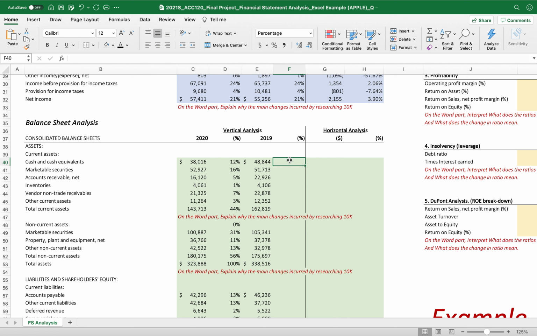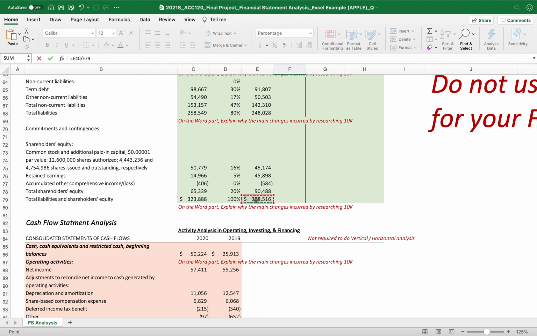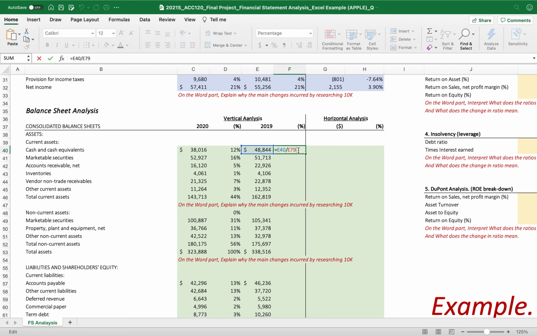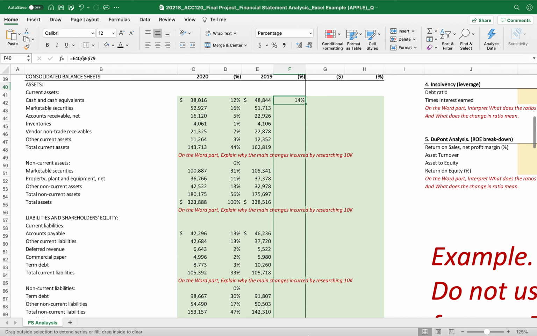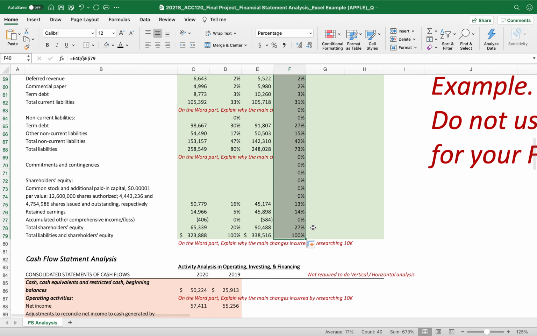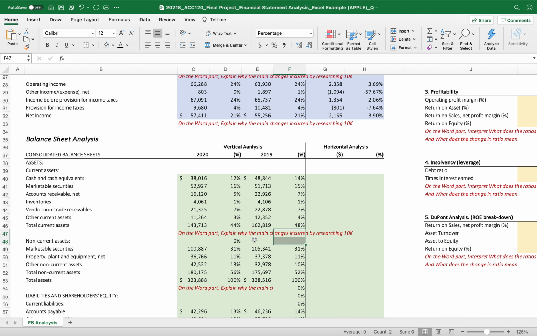And then we also can calculate the vertical part on each account by just dividing each asset by the total asset or total liability and equity. Let's just fix this cell so that when I drag it down to the bottom, then you got it. Okay, so it's a very easy part.